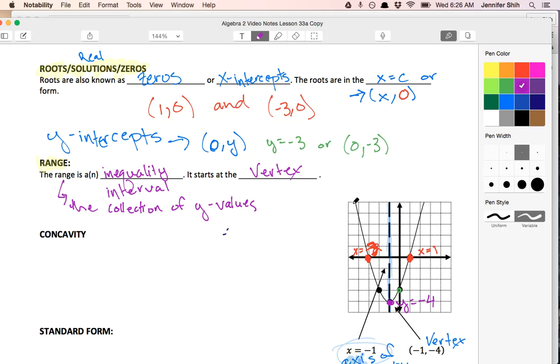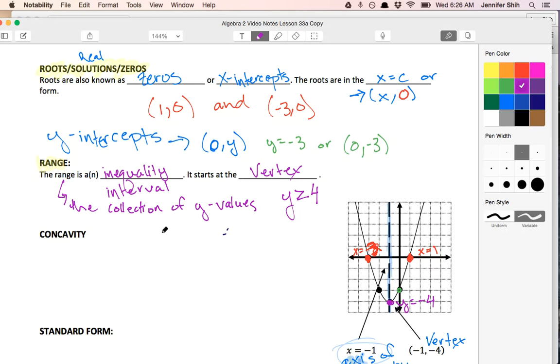All of the parabola is going to be either equal to -4, or it's going to be greater than -4. So notice how this is an inequality and this is an interval, which means there are lots of numbers that are greater than -4. All the y values are greater than or equal to -4. Notice that the parabola does not go below -4. That's what the range means.